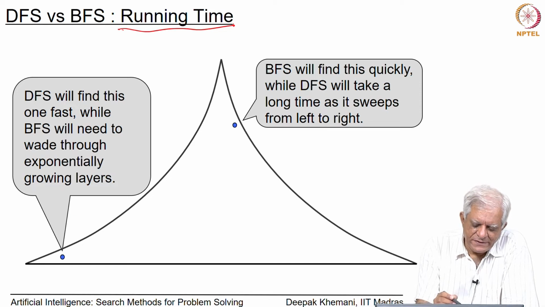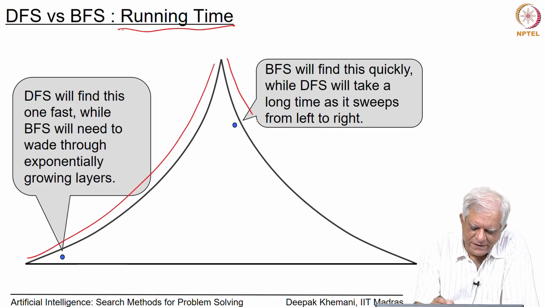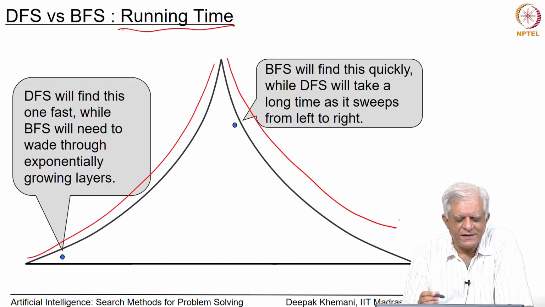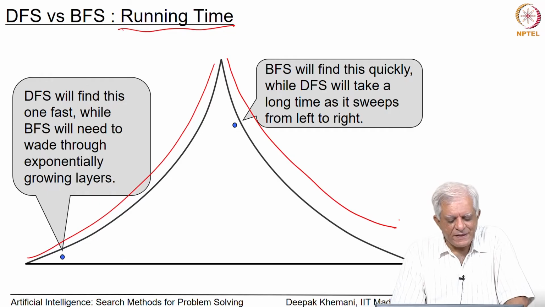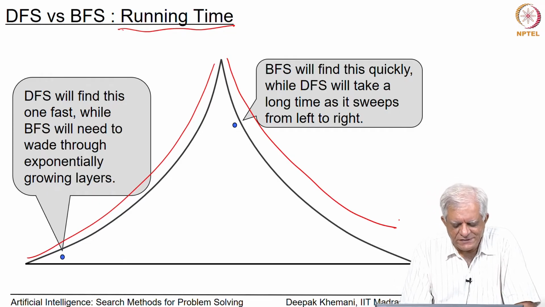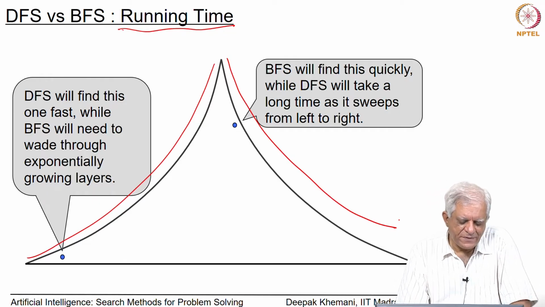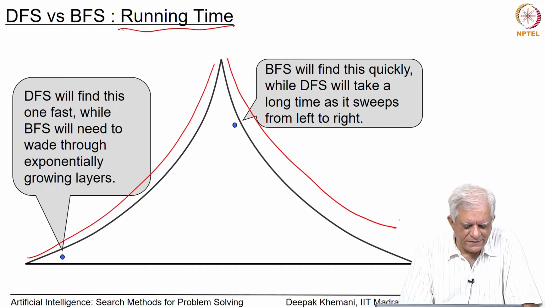Now, if this diagram represents the search tree, and I try to draw search trees like this, trying to hint towards the fact that they are growing exponentially, though of course, this is not really an exponential function, but anyway I hope it gives an idea.